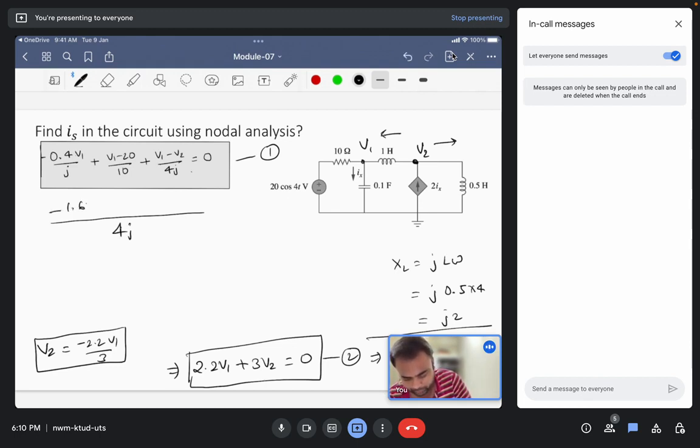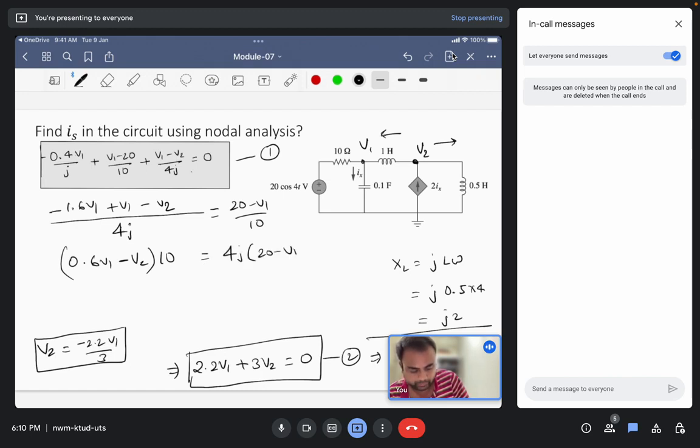minus 1.6 V1 and plus V1 minus V2 is equal to 20 minus V1 by 10. So this will become (0.6 V1 minus V2) times 10 and 4J times (20 minus V1).